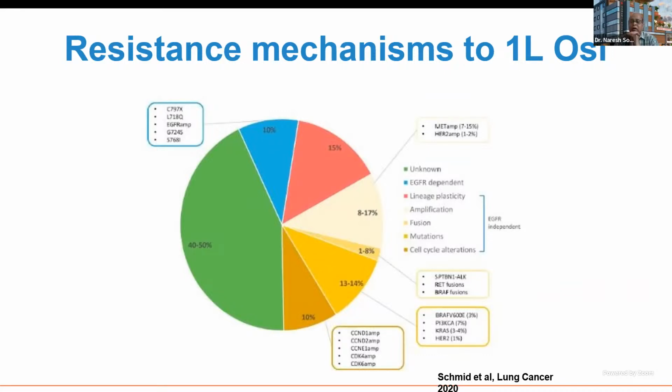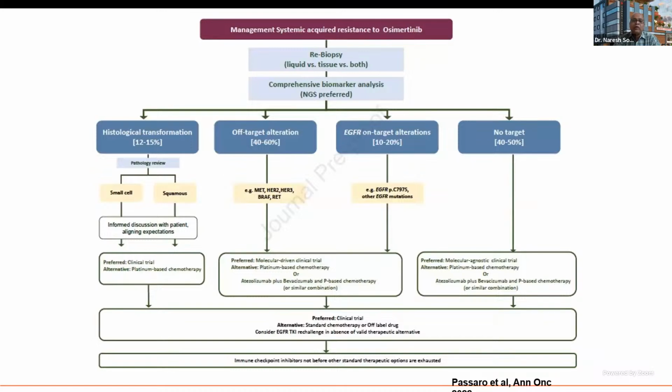Whenever the opportunity is provided, that taking tissue is possible, I think we should do a repeat biopsy to understand what kind of tumor mechanism is going on. So that is being talked about: if rebiopsy is possible, you do it. If biopsy is not possible, try to do a liquid biopsy, do a comprehensive genomic profile, try to understand the histopathology, and the types of mechanism or actionable mutations which are present.